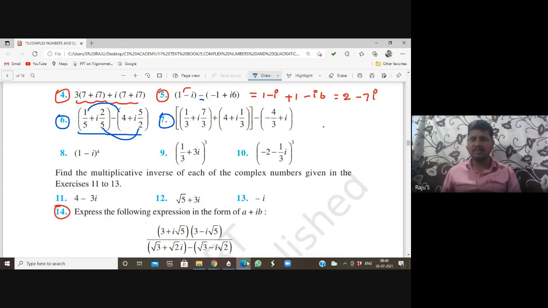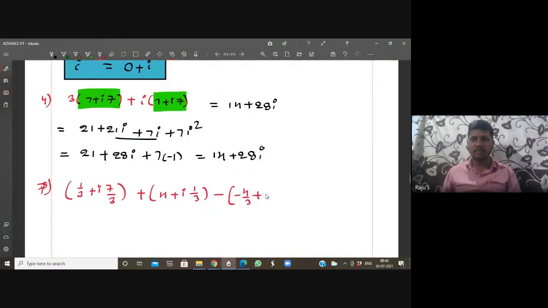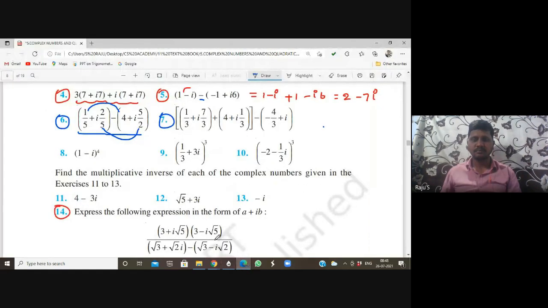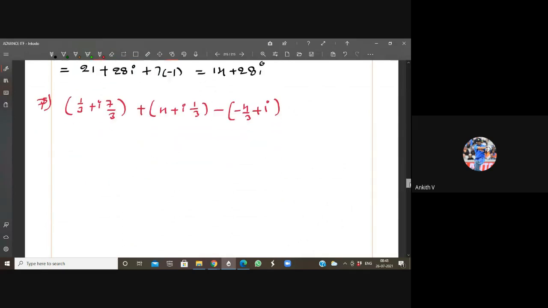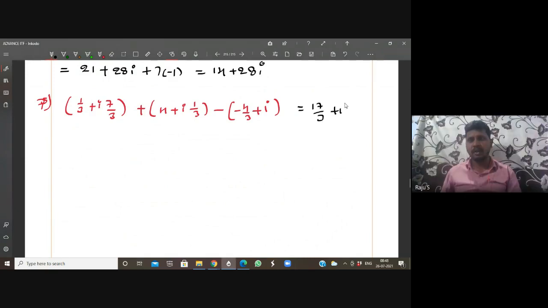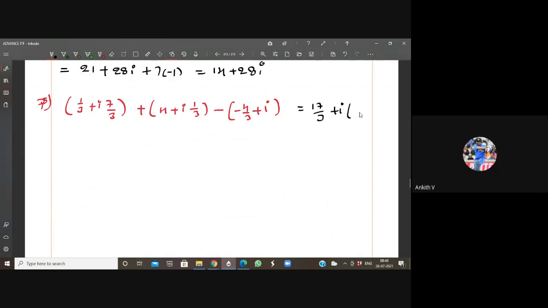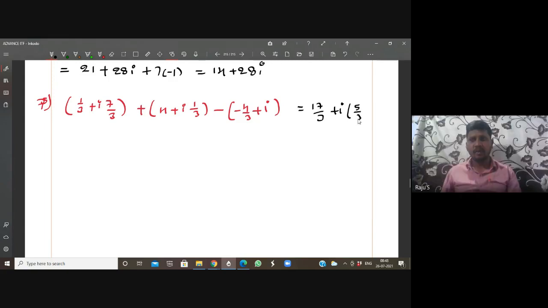Okay, fine. Once check the book's back answer. Correct or not? The seventh one answer is 17 by 3 plus iota times of 5 by 3. All of you check it.